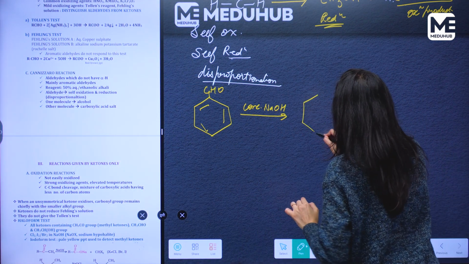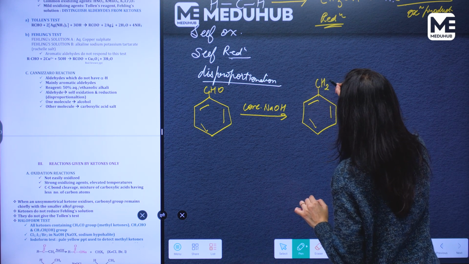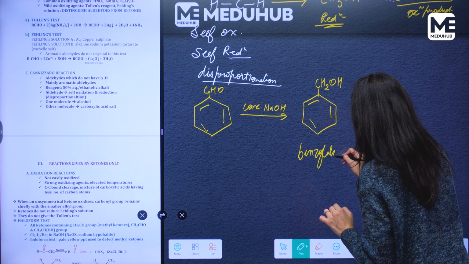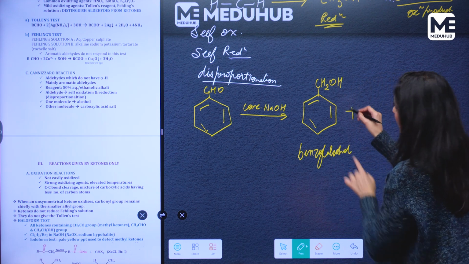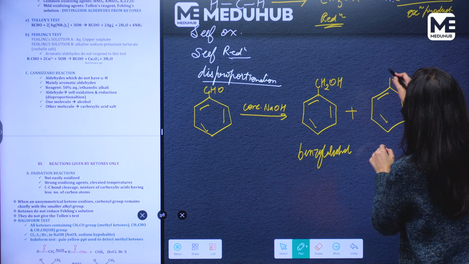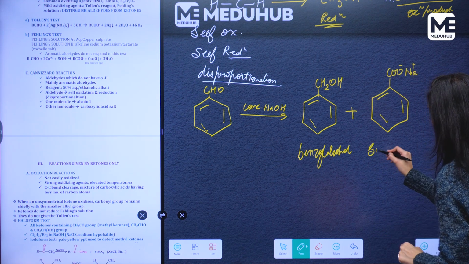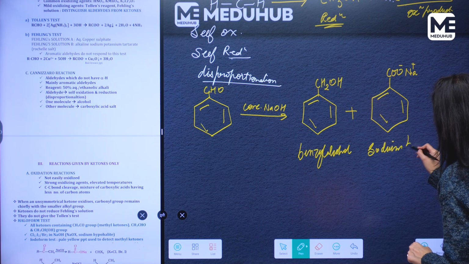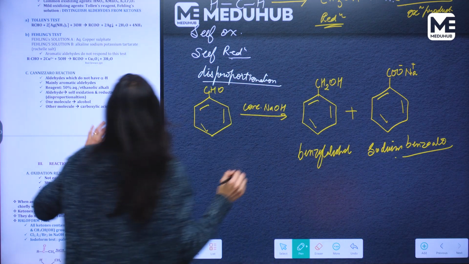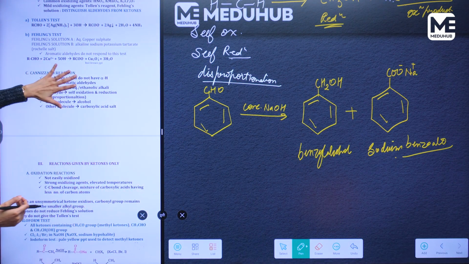One molecule will be reduced to alcohol, benzyl alcohol, and the other molecule will give us sodium benzoate, C6H5COONa. So this is the Cannizzaro reaction where self-oxidation and self-reduction of an aldehyde takes place.